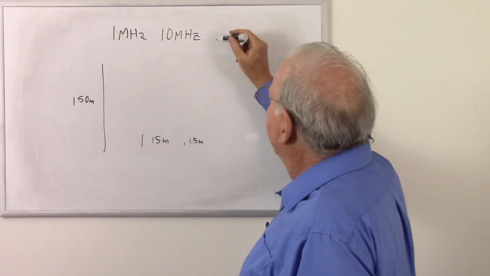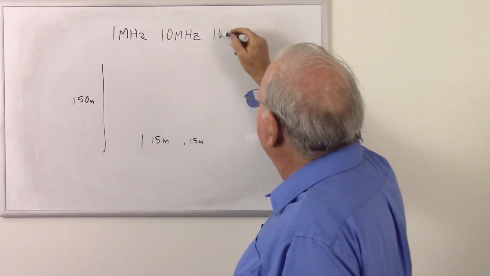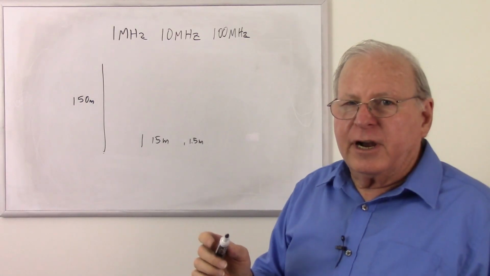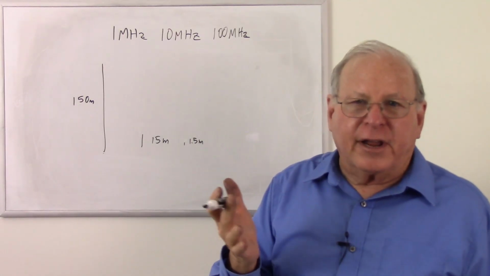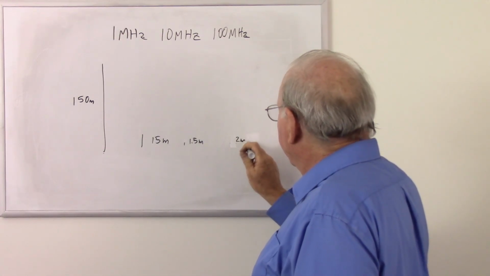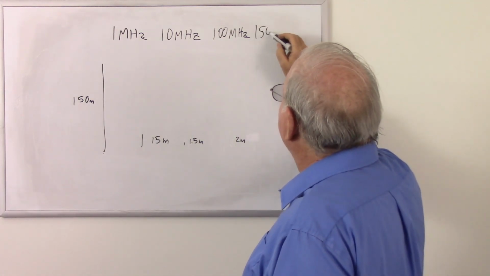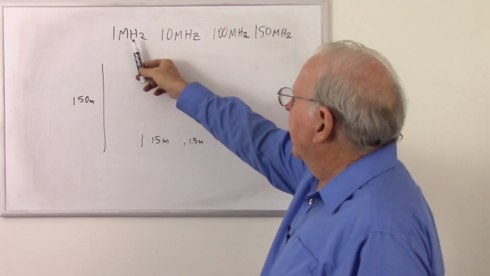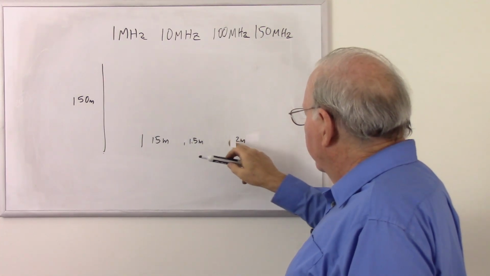Getting awfully short there. That's going to end up being 100 megahertz. In amateur radio, we have the 2-meter band, which is around 150 megahertz. So let's make this 2 meters. It's going to be roughly 150 megahertz. So the higher the frequency, the shorter the wavelength.